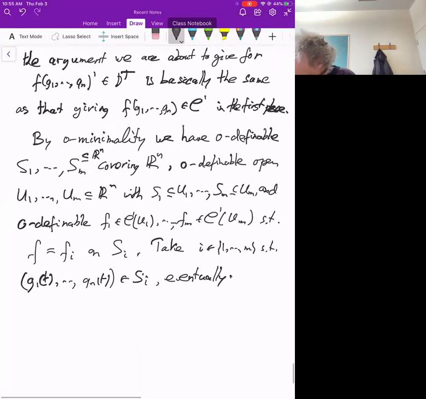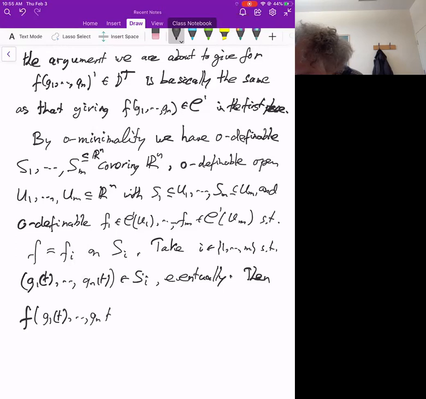Then if you plug in, this will be Fi of G1(t) to Gn(t) eventually.